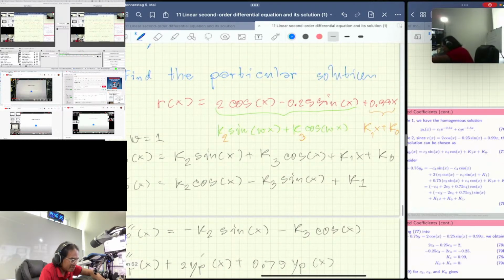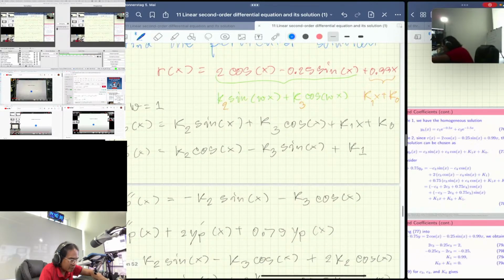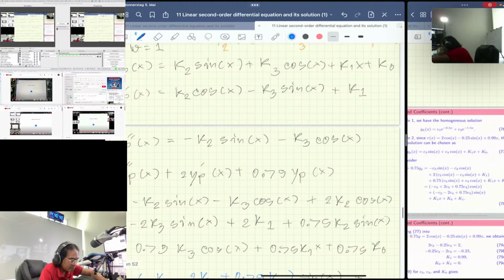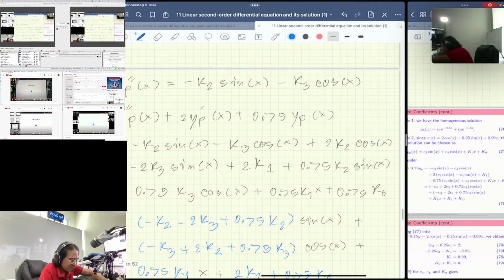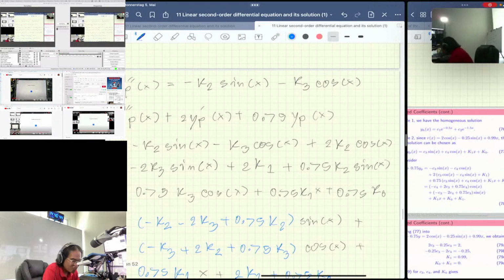K3 is negative. That one is negative K for the cosine term, right?